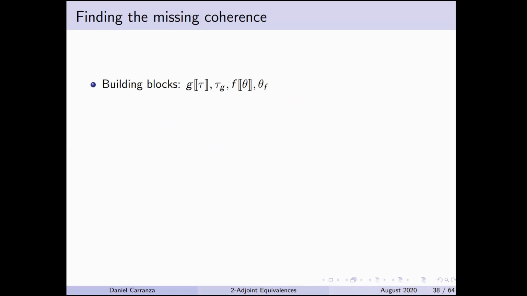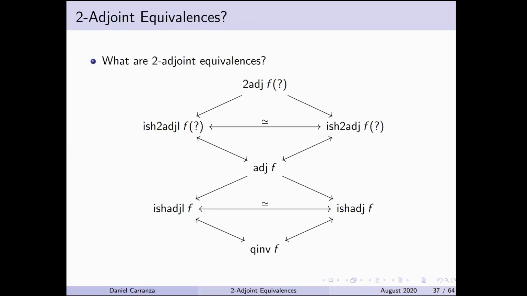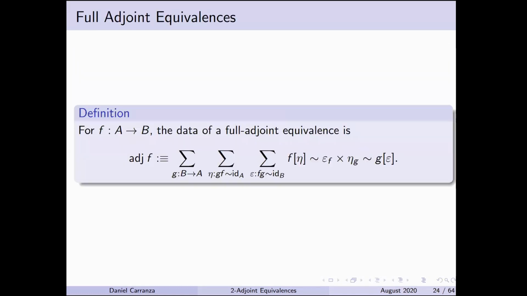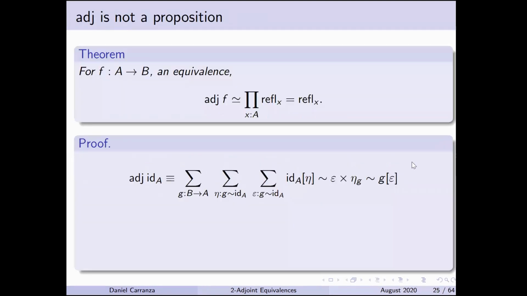So let's try and do the most obvious thing, which is just to stick g or f on our triangles. I'm going to call tau the right triangle here, so tau is the type f eta homotopic to epsilon f. And theta is the homotopy eta g to g epsilon.